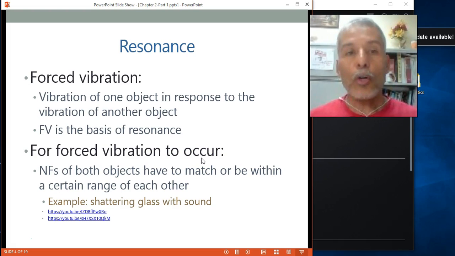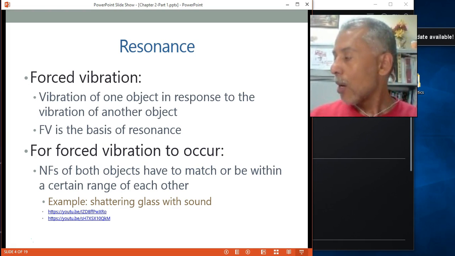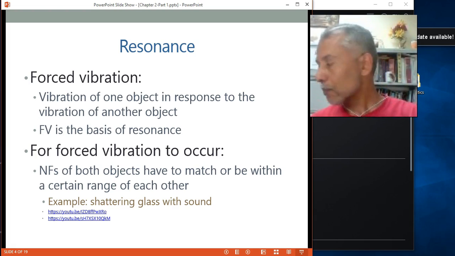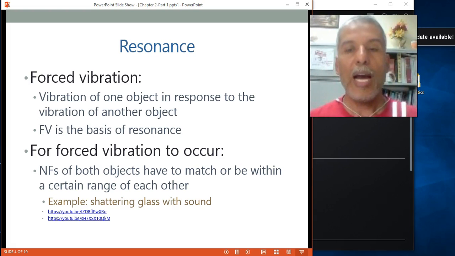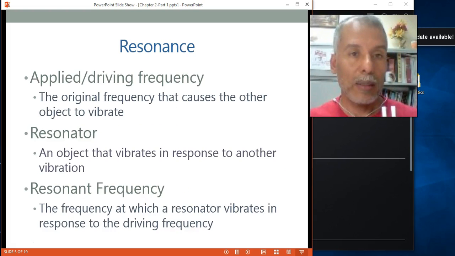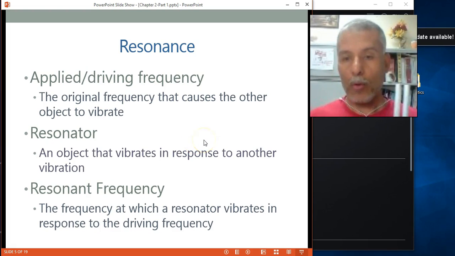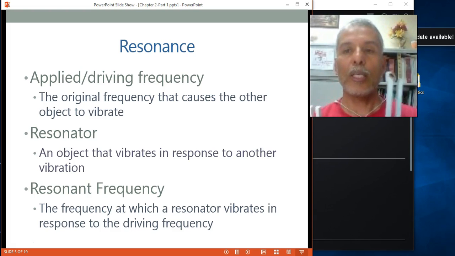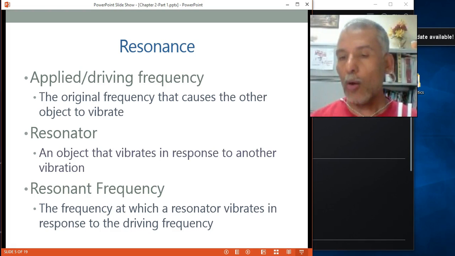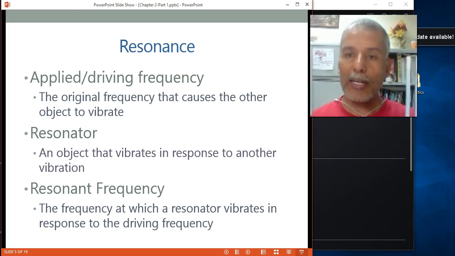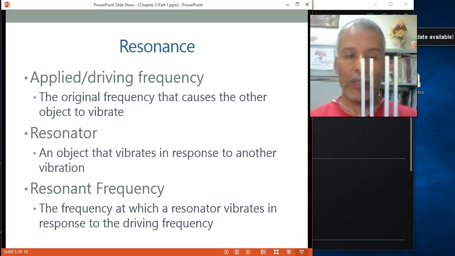Now we have forced vibration, and before we do that, we demonstrate it. We have the concept of applied frequency or driving frequency. Let's say this tuning fork is 320, and this tuning fork is 320. I am going to take this tuning fork, hit it, and put it next to the other one.